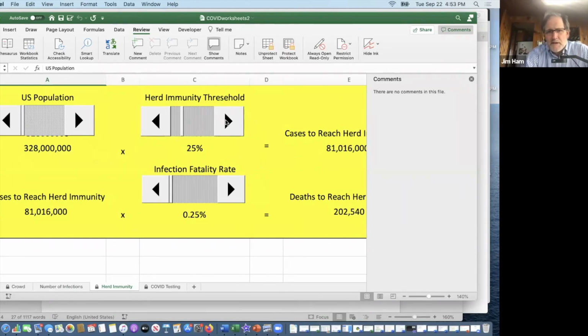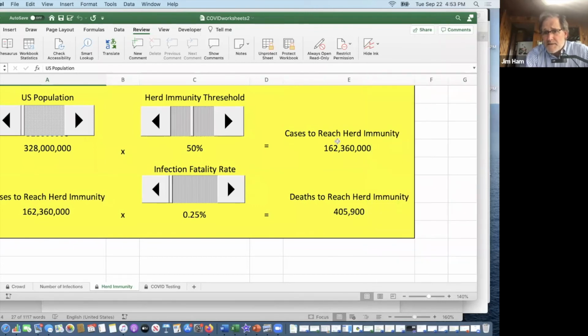If herd immunity is 50%, then that means 162 million people, 50% of the population, would have to be infected. And then if that's how many people are infected, and this is the death rate, would we say it was 45? Then this is how many Americans are going to die.